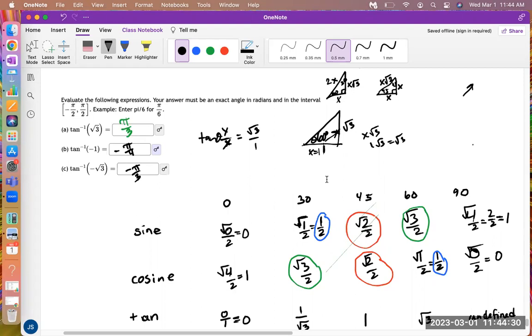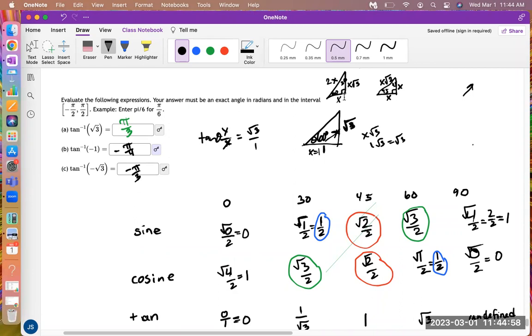So how did I know whether to use the 45, 45 or the 30, 60, 90? I knew to use the 30, 60, 90 because the triangle I was trying to figure out had a √3, and the 30, 60, 90 one had a √3. That's almost always going to happen in this type of problem.